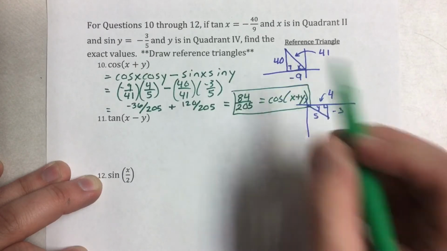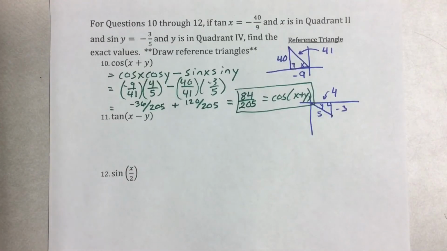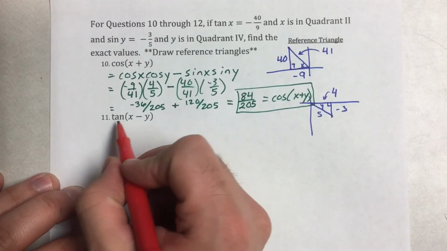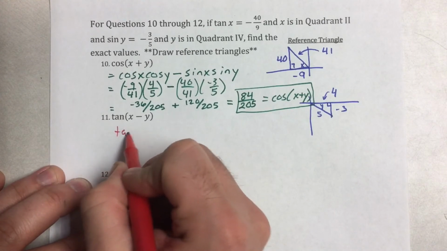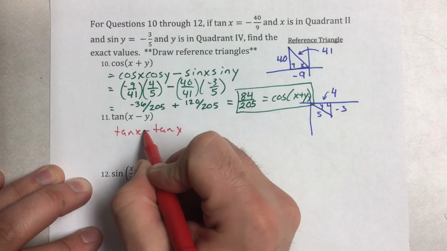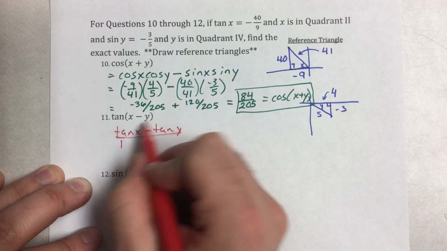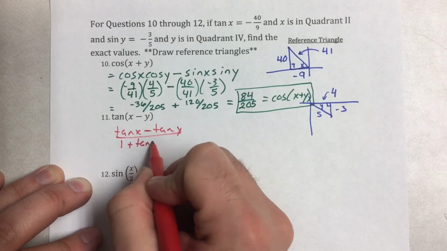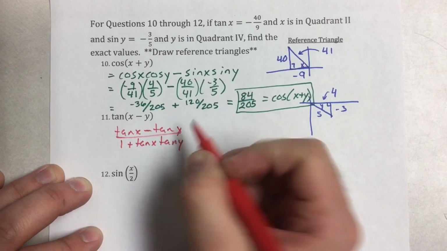All right, so now looking at the next one, tangent of x minus y. Again, if you need to, use our formula sheet. So tangent of x minus tangent of y over 1 plus tangent x tangent y.